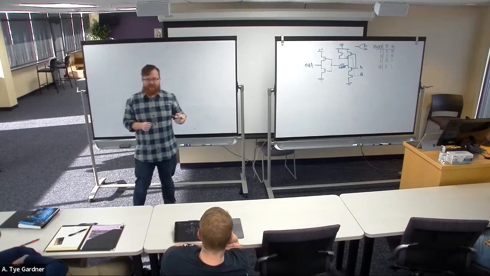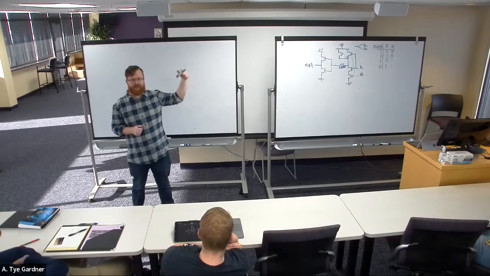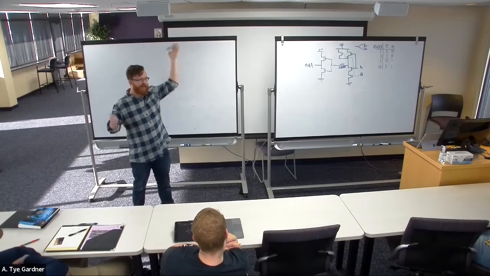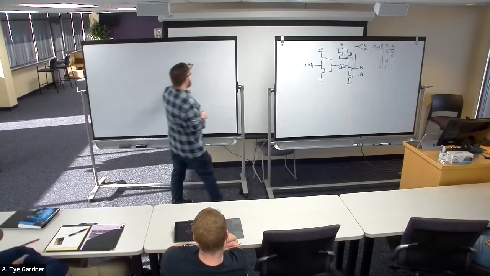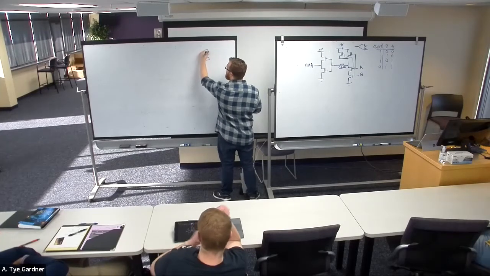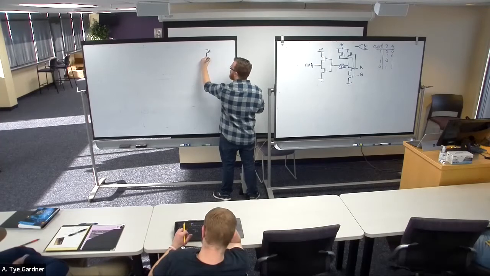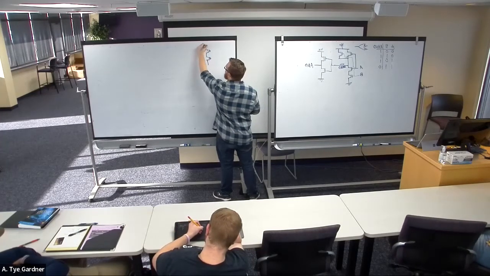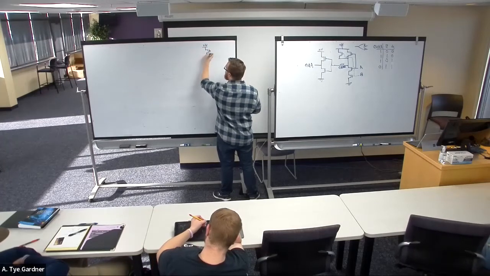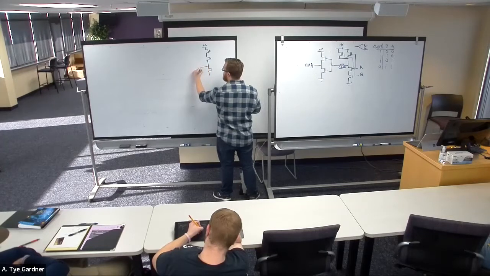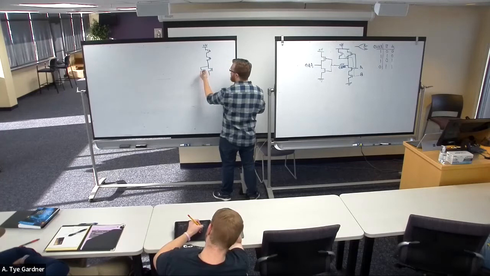Sounds reasonable, right? If we just flip the pull up and pull down from series on the bottom, parallel on the top, to parallel on the bottom, series on the top, let's see what happens. And so we're going to do this one the different way, where my PMOSs are now in series, and my NMOSs are going to be in parallel.